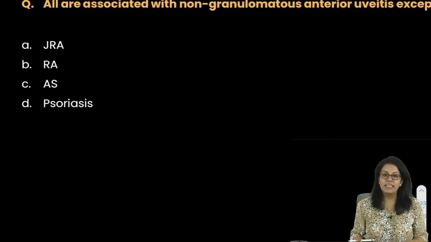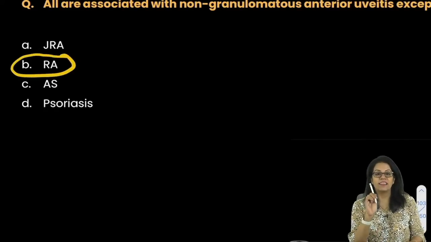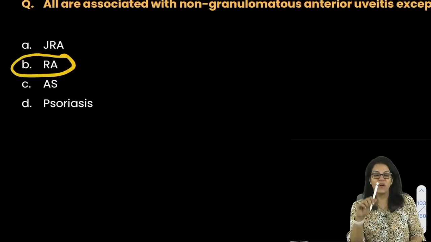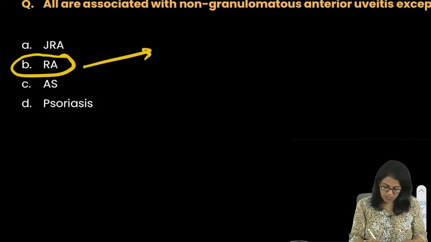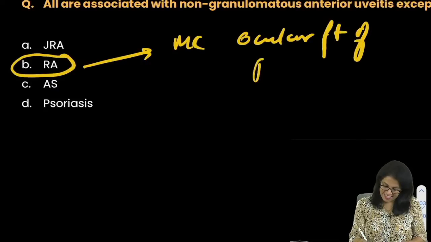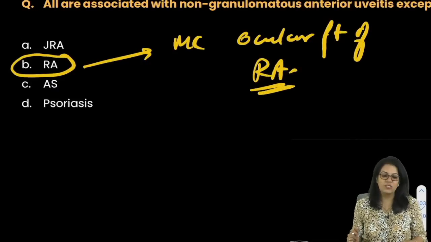Very good, very nice Avantika, it is rheumatoid arthritis. We all know that rheumatoid factor is absent in all the arthritis associated uveitis. Simple answer. Now Avantika, tell me what is the most common ocular feature of rheumatoid arthritis? Now what will you say? Most common ocular feature of rheumatoid, tell me.